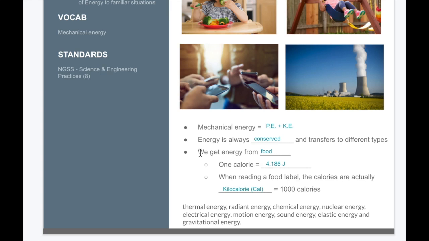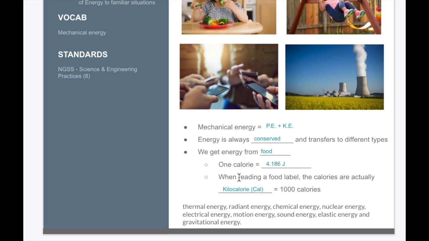Okay, so one of the ways that energy is converted is that we actually get energy from food. Okay, and this is actual chemical energy. Okay, so we're breaking down the chemical properties of food and converting that into energy for ourselves. Okay, so 1 calorie is equal to 4.186 joules.